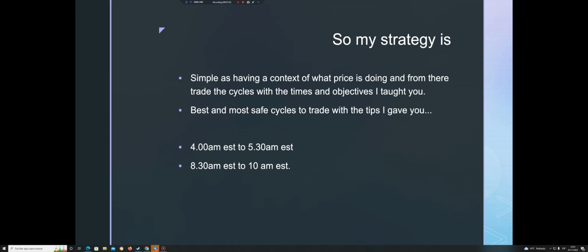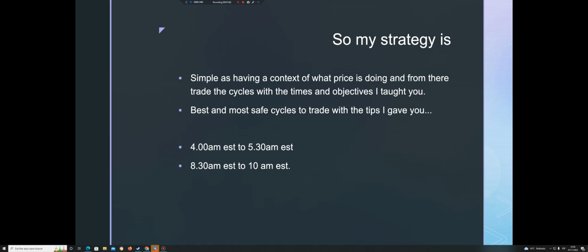The best and safest cycles to trade with the tips I gave you are the 4 AM to 5:30 AM, which is the second cycle of London, and the second cycle of New York. Why?